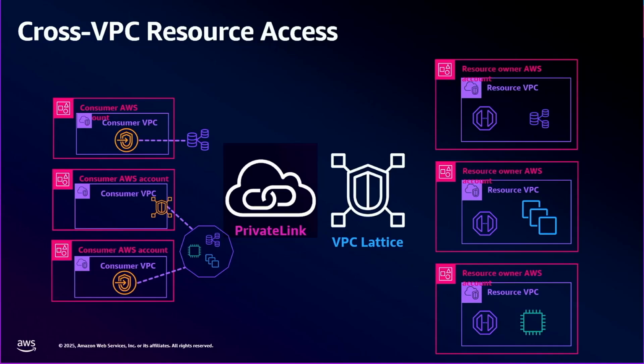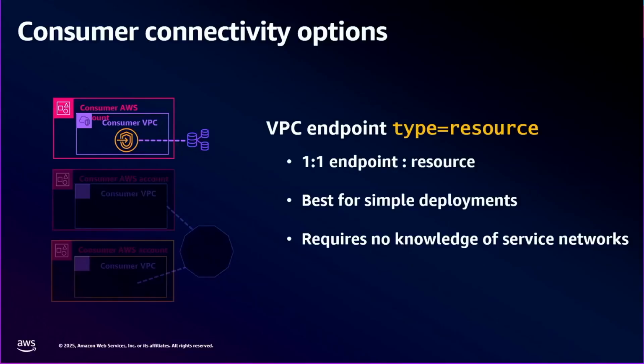And I'll cover what the connectivity patterns and what the best use cases are shortly. And from a consumer side, you have the ability to combine all of these architectures. So whether you're using a resource endpoint with a service network, you have the ability to utilize both those patterns together.